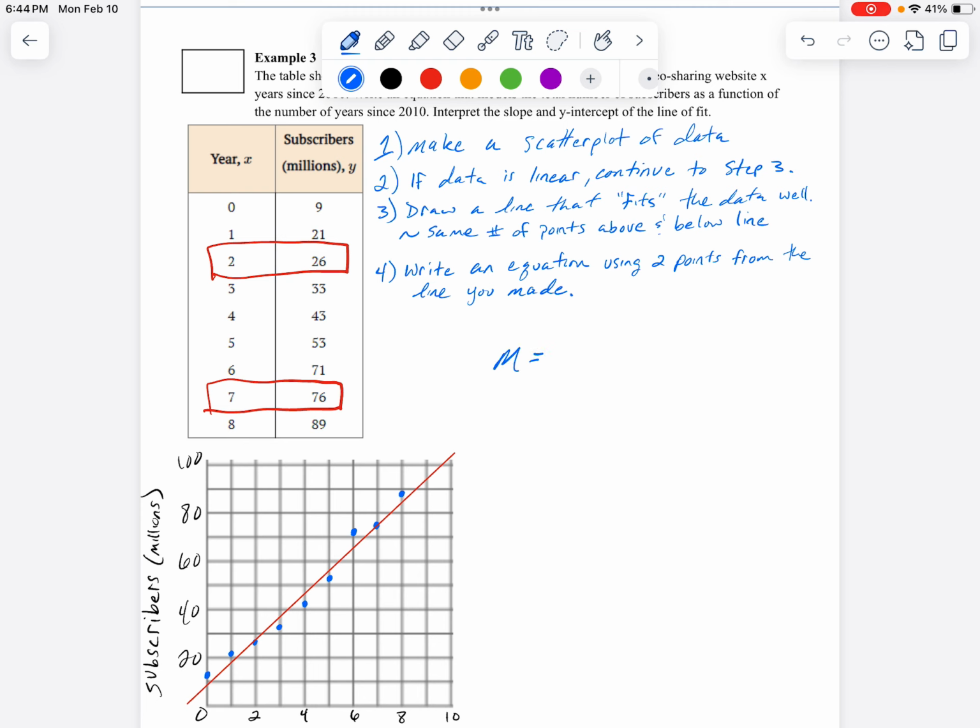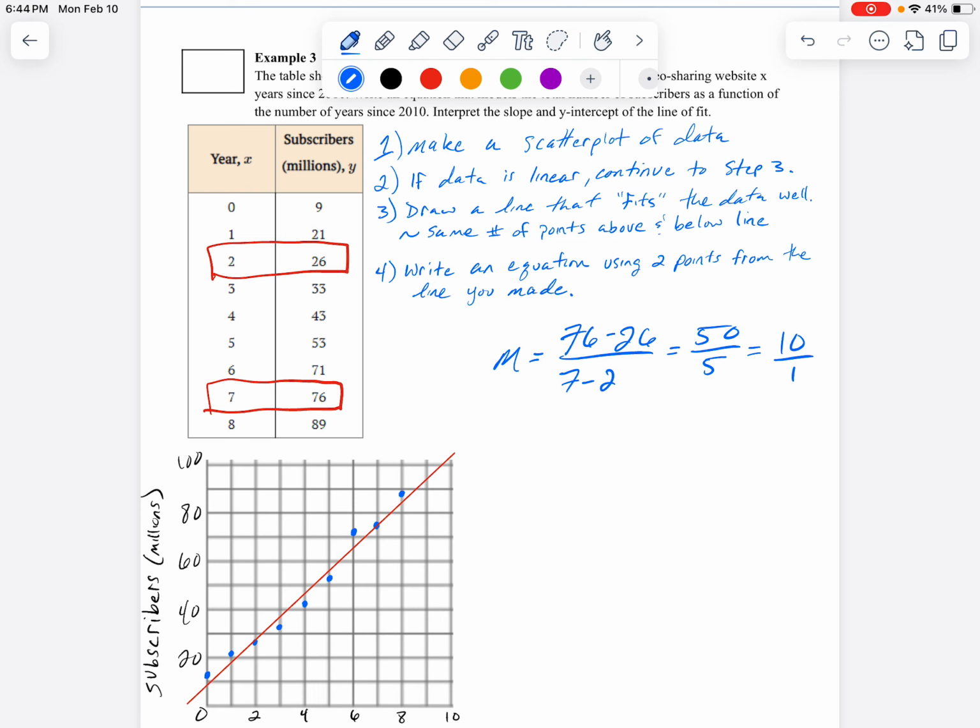So slope, 76 minus 26 over 7 minus 2. So this should be 50 over 5. 50 divided by 5 is 10. For the slope, I always like to think of that as a fraction, so we've got our rise over run.